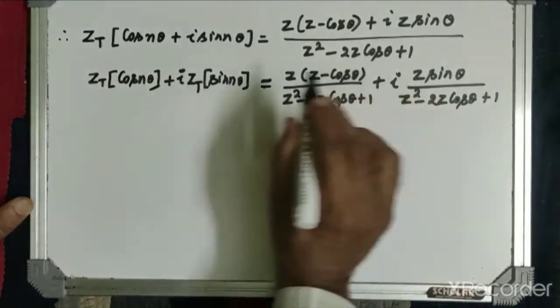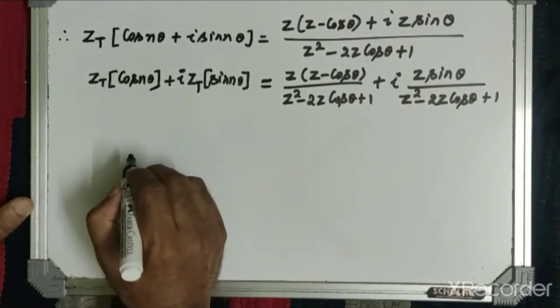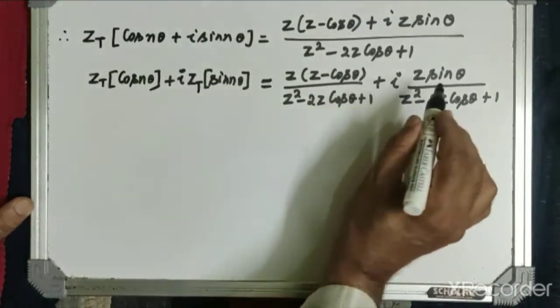Now two complex numbers are equal if their real parts and imaginary parts are the same.